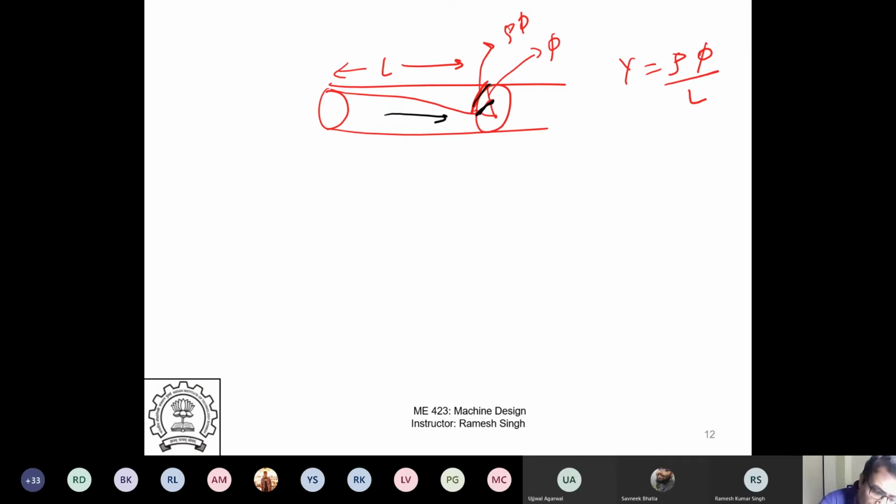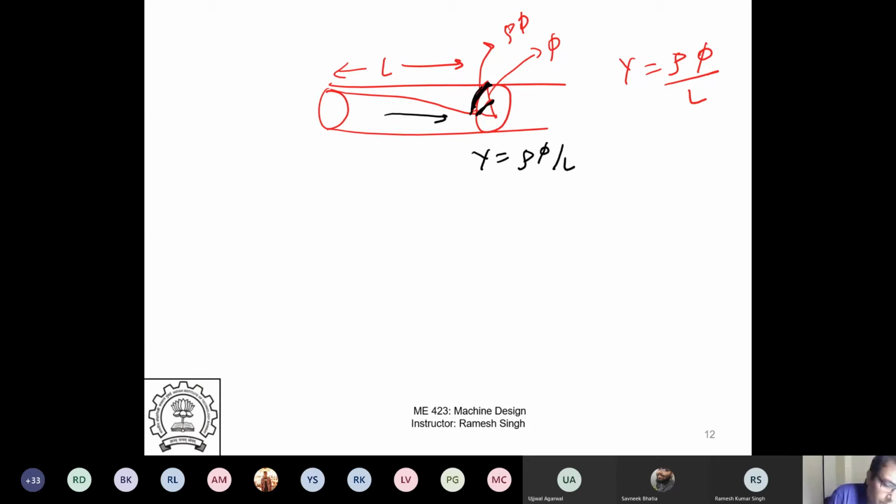If this is phi at that cross section, this distance is rho phi, and your gamma will be rho phi over the length L, because gamma is basically delta y by delta x. So this delta y is rho phi and delta x is L. So rho phi by L is your gamma, your shear strain.